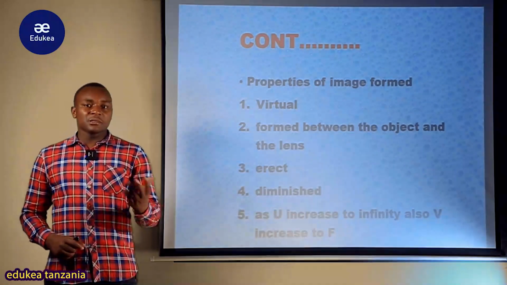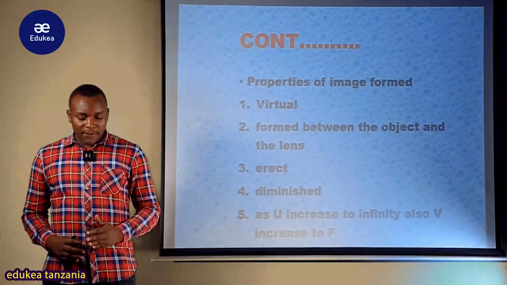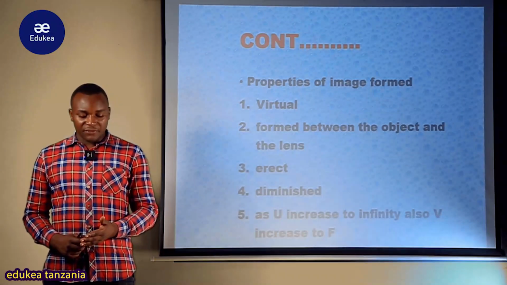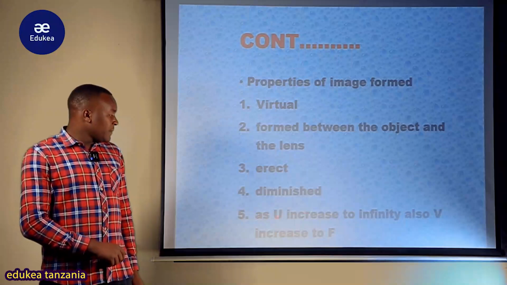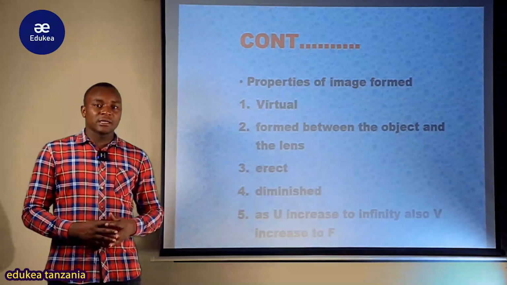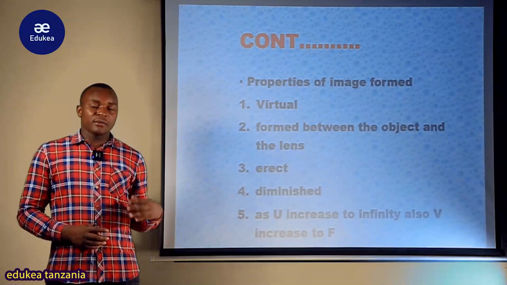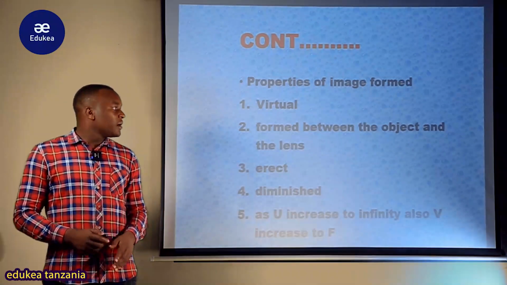Diminished means smaller in size than the object, but also image distance, as you increase object distance to infinity, also v increase to focal point. Kwamba kadri unavyoongeza object distance to infinity, also image distance inaongezeka to focal length.